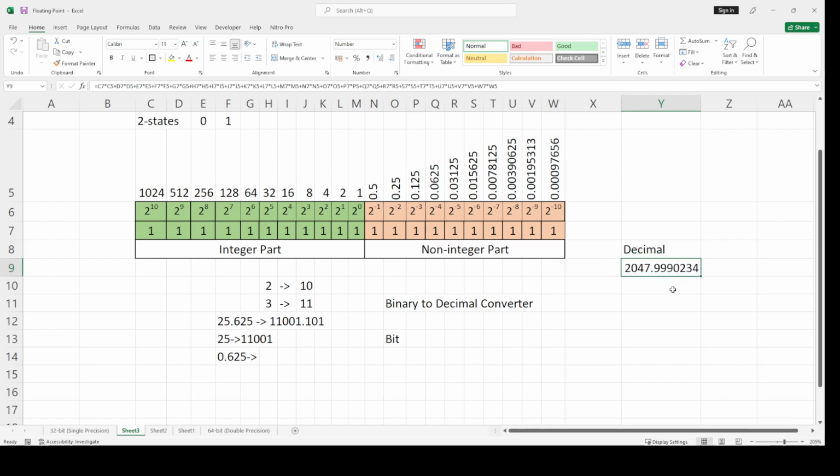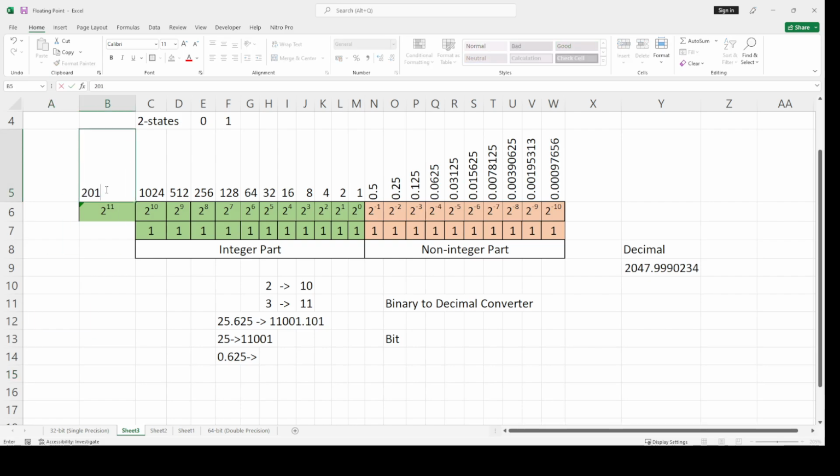It's up to 2047.9990234. So if we add another here, raised to 11, this is 2048. We can increase the range, but it takes so many bits to add additional range.